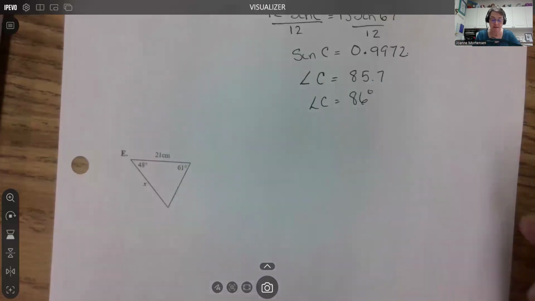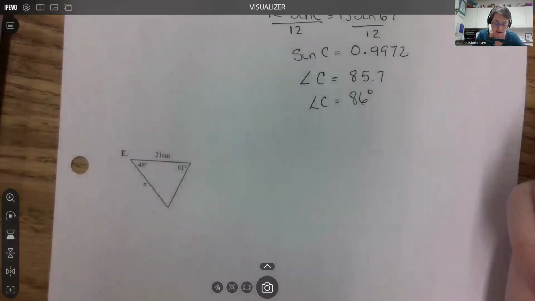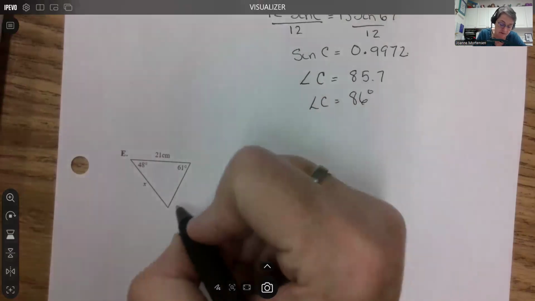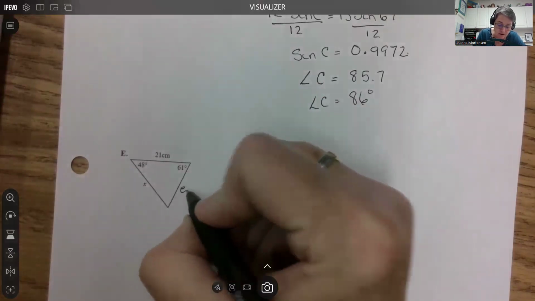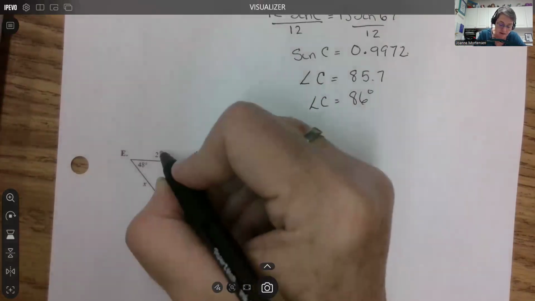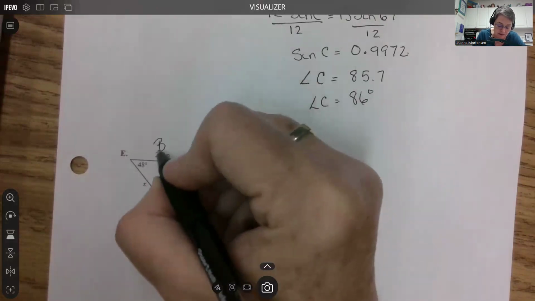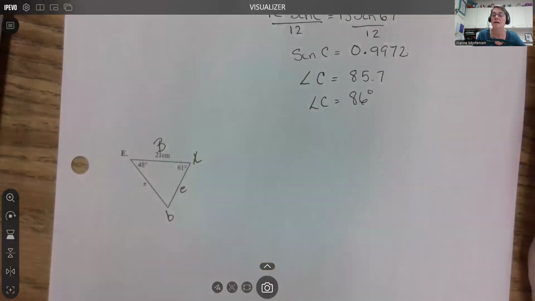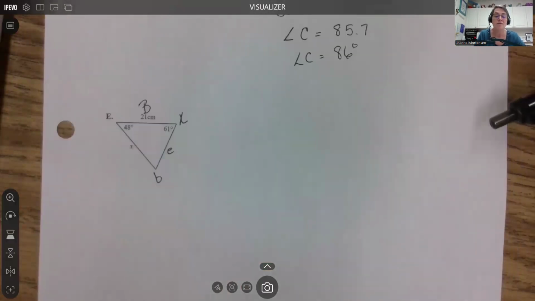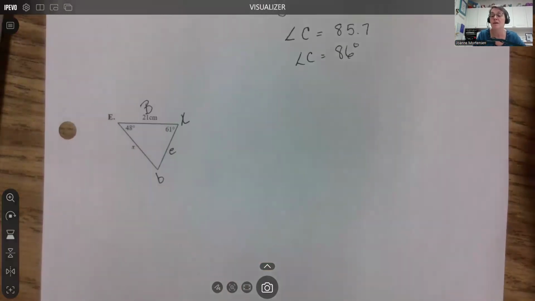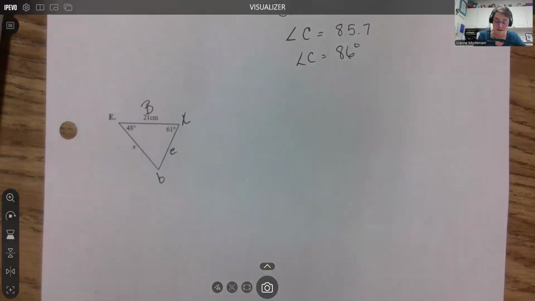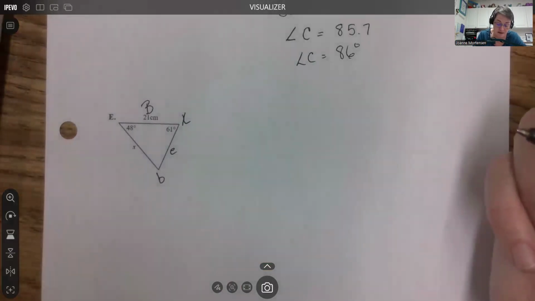All right, next one. What are we doing? Let's call it corner E. We'll call this one X. And we'll call this one. You go, wow, she just randomly picks letters. Yeah, I do. Go ahead, it doesn't matter. Process will still be the same. Yeah.